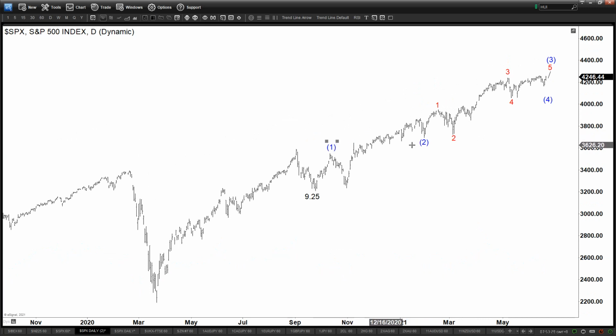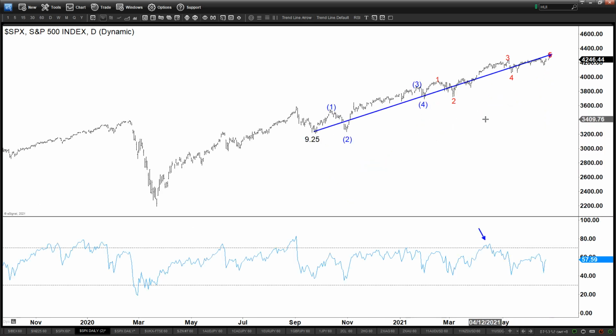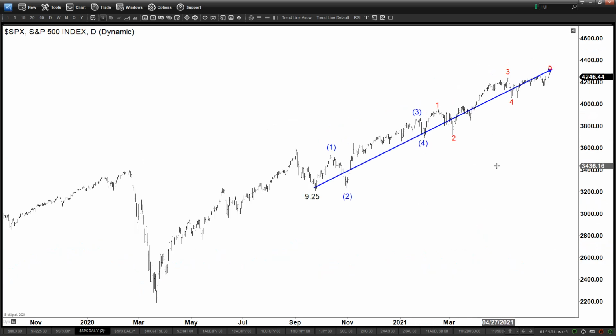For example, I can move it here like this, and then suddenly that means we are at the end of wave 5 in blue, and also the end of this cycle. So potentially it can end like this and then start to correct from September 25th. But this is less likely because there is no divergence between 3 and 5. It has to have a divergence, but if this is your 3, then it's getting erased. So this is less likely.